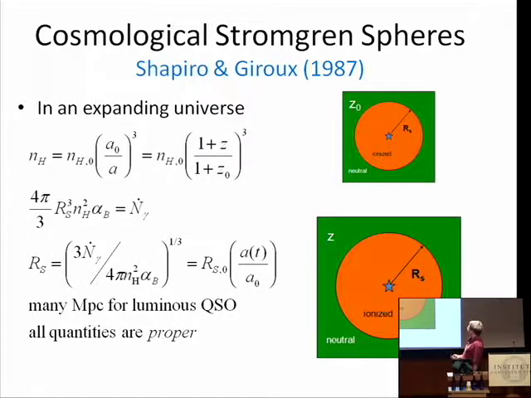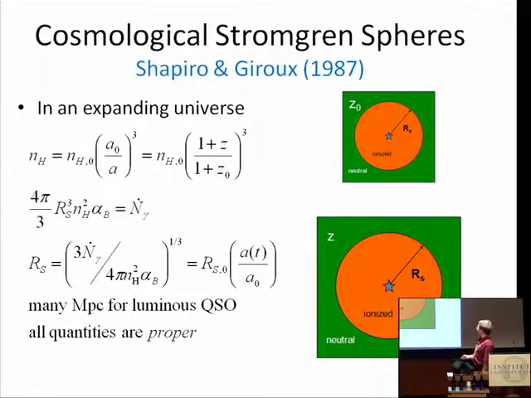It's a pretty trivial calculation. In an expanding universe, the number density just keeps dropping as 1 over the scale factor cubed. You do the same balance equation for r sub s, the Stromgren radius, and solve for r sub s, and then you stick this law in for the density.